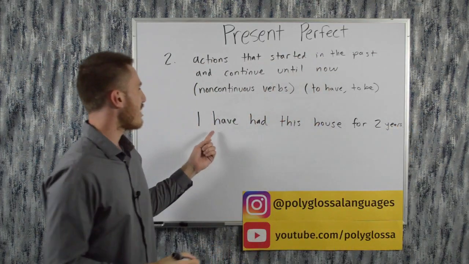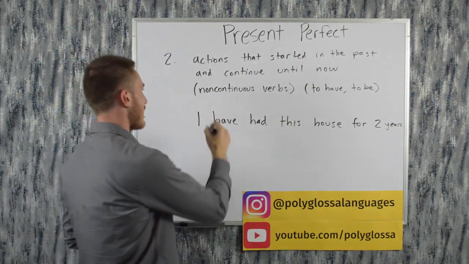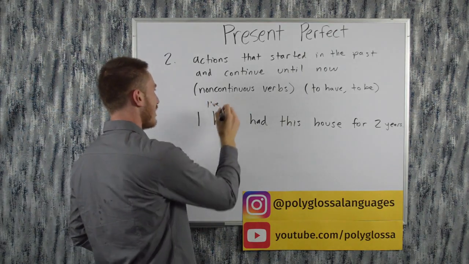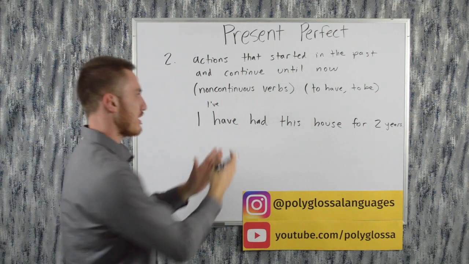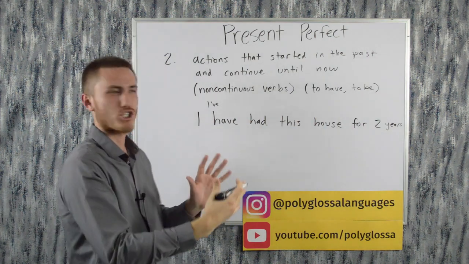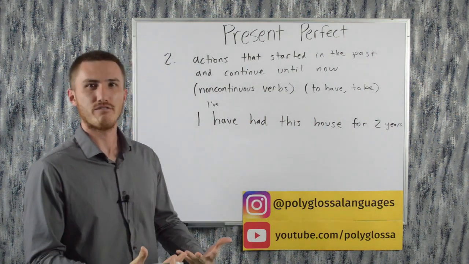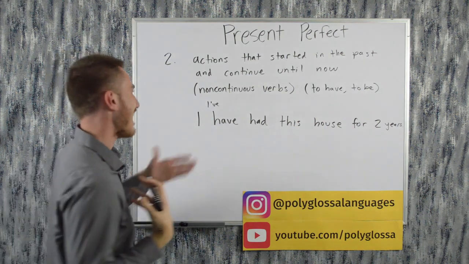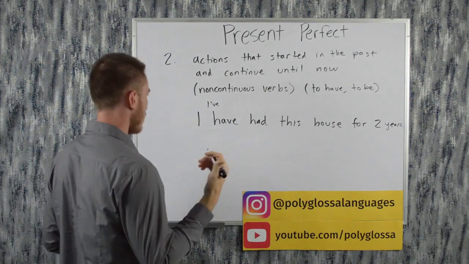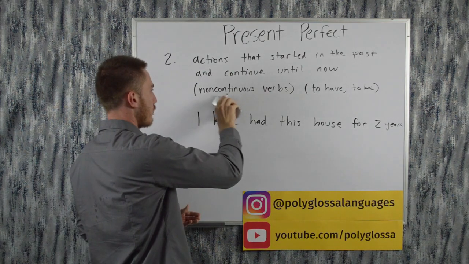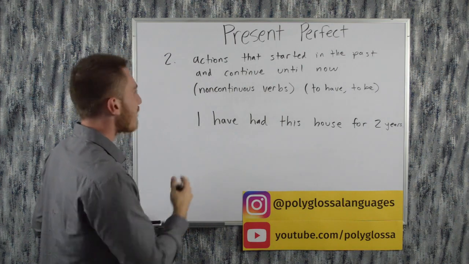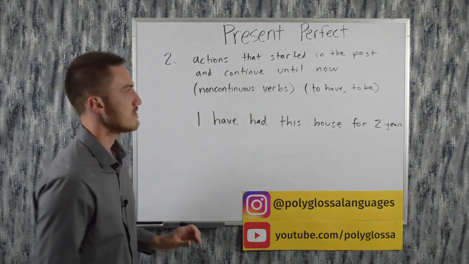And of course, as you remember, normally I would say I've, right? But for the sake of helping you see the sentence structure, I'm writing the auxiliary verb. But normally we would say I've had, right? So just a note, okay? Remember, we always contract.